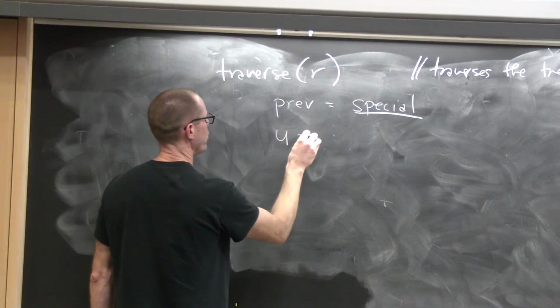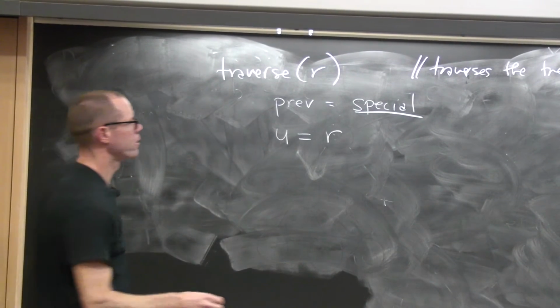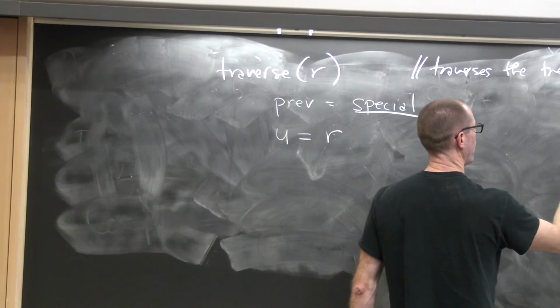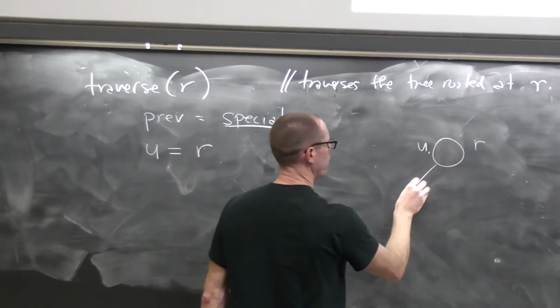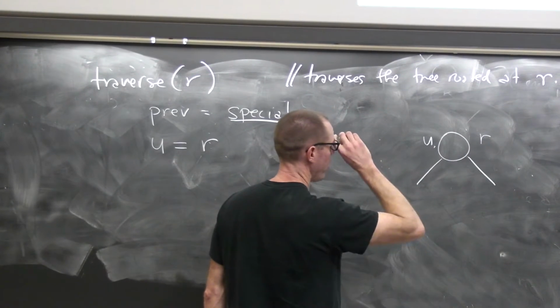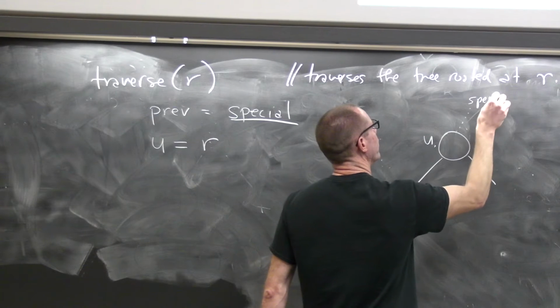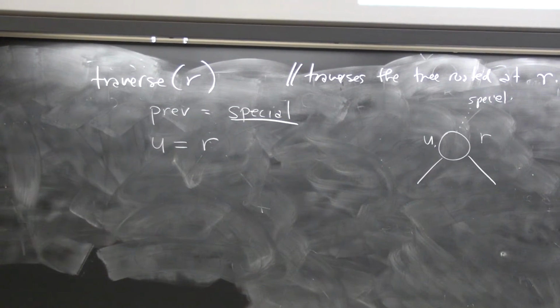we'll be at some node u, which will start at the root. So the picture looks like this. We have the root. This is equal to u. There's a left subtree and a right subtree. And this special thing is supposed to, in some sense, represent the parent of the root.